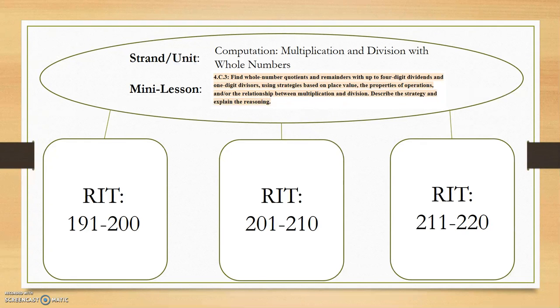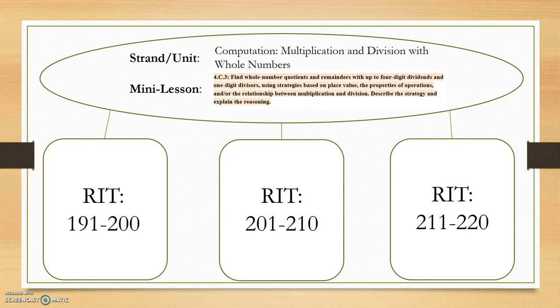So we have an example here with 3 small groups. This teacher may have 4 or 5 small groups, but is only choosing to meet with 3 of them on this particular day. But of course, this 191 to 200 RIT range obviously was their lowest within the computation strand.